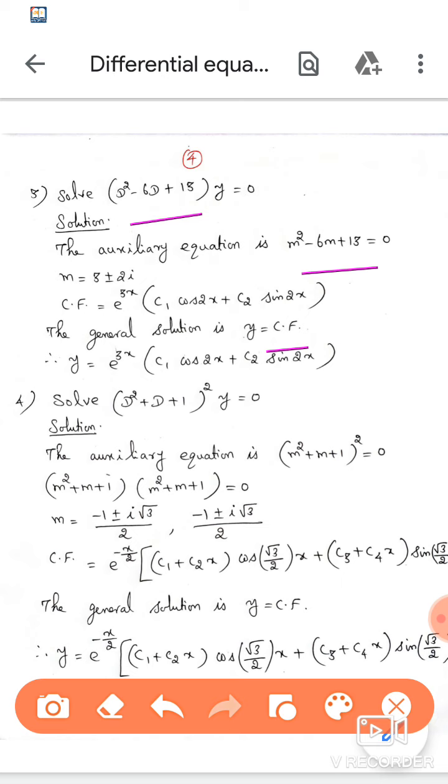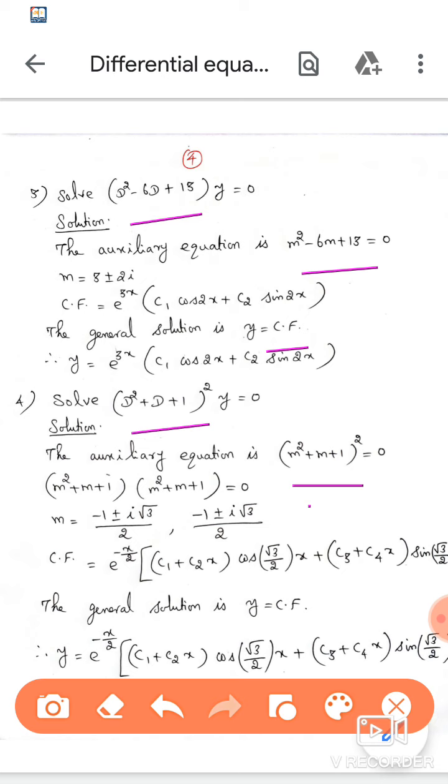Fourth problem, solve (D square plus D plus 1) whole square y is equal to 0. Solution, the auxiliary equation is (m square plus m plus 1) whole square equal to 0.